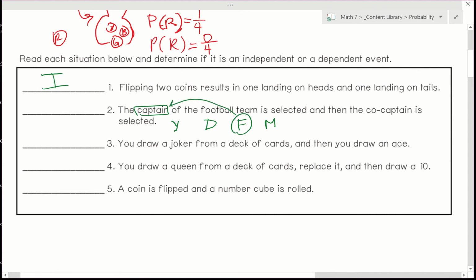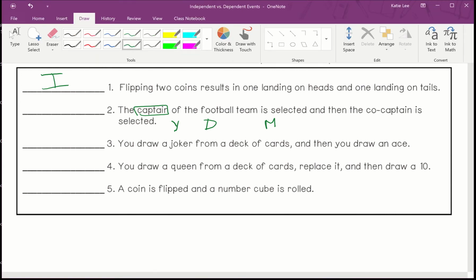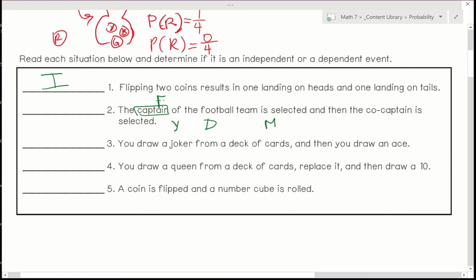Felicia's now the captain. Now the co-captain is selected. Does that change who's available for the co-captain? Well, it does, because now Felicia is no longer available to be co-captain. So instead of having 4 people in our sample space, we have 3 people because Felicia's now the captain. So this does depend, because you can't be captain and co-captain at the same time.